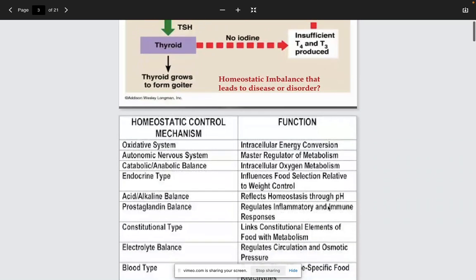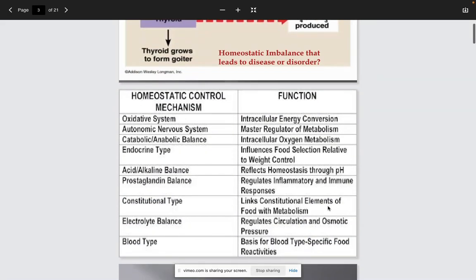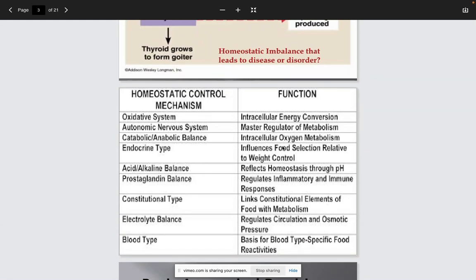These are our different control mechanisms. I'm not going to go over them all. I just want you to see that there are a numerous amount of control mechanisms built within the body to allow for normal function to occur. So we have electrolyte balances. You guys have potassium. If the potassium gets too low, we can have signs and symptoms, and a disease process can ensue.